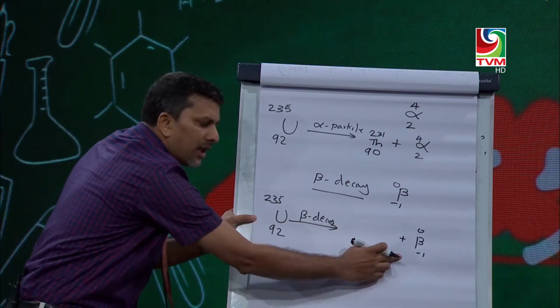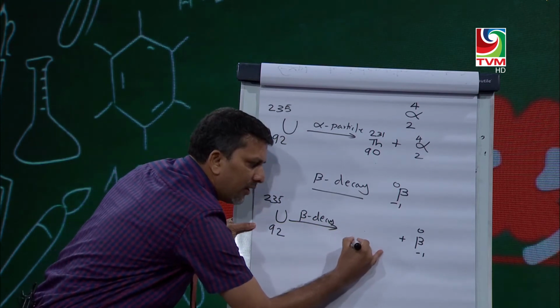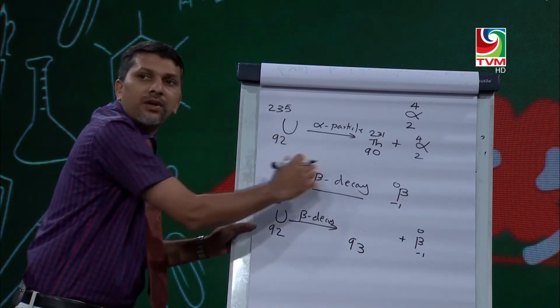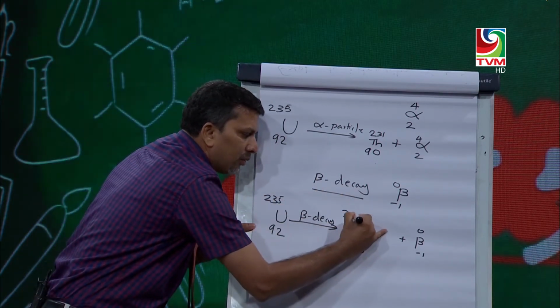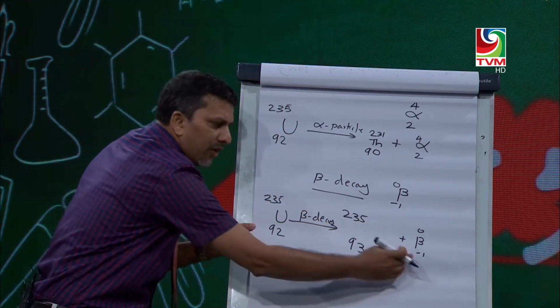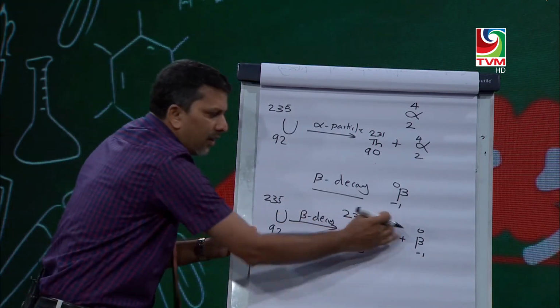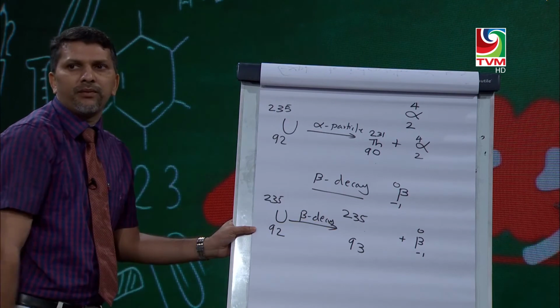When a beta decay occurs, the atomic number increases by 1, that means 93, and the mass number has no change, 235. Adding back, 93 minus 1 is 92, and the mass number is 235.